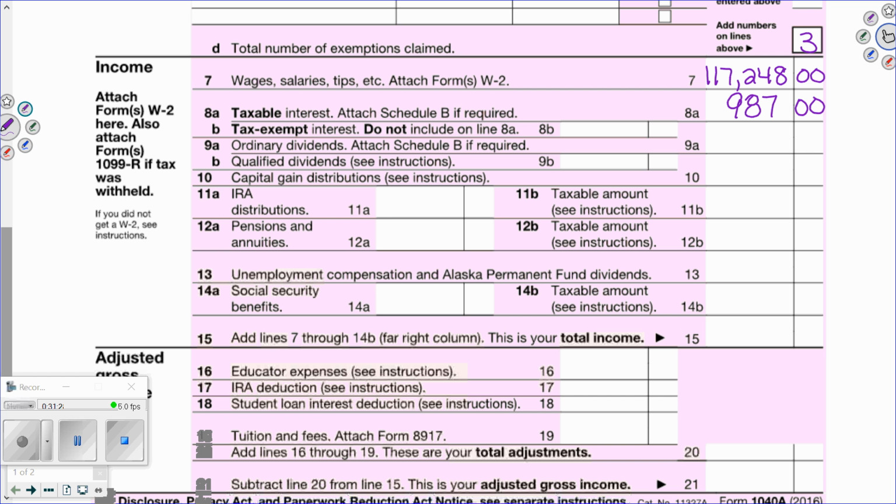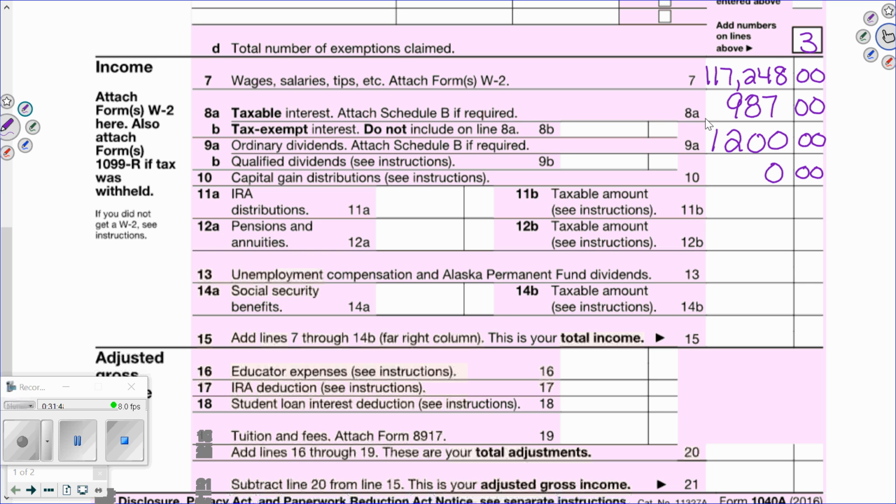I'm literally going to write 1,200 right here. Again, they try to make these forms pretty straightforward. All right, 10, capital gain distributions. Do we have anything? They didn't say anything about that.